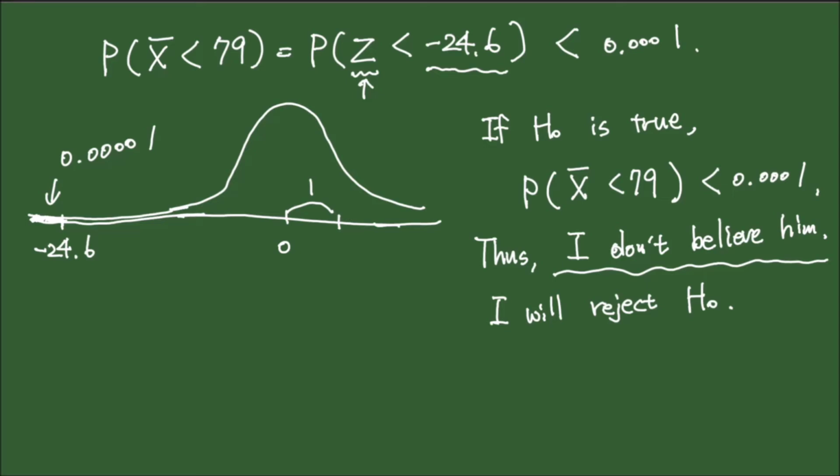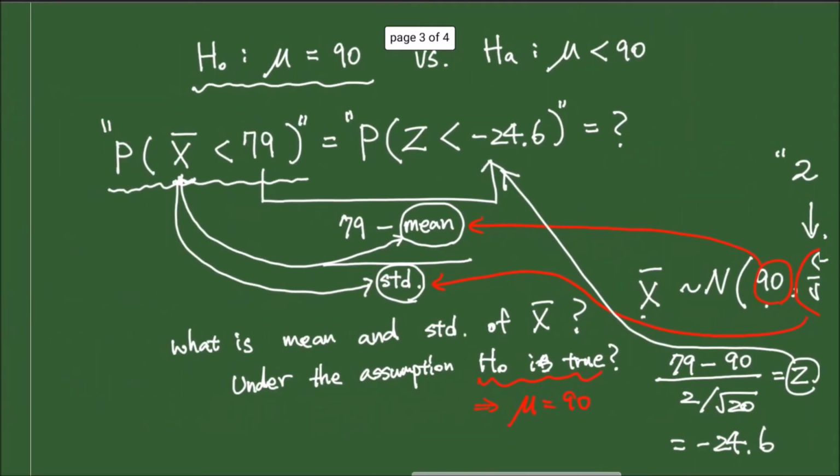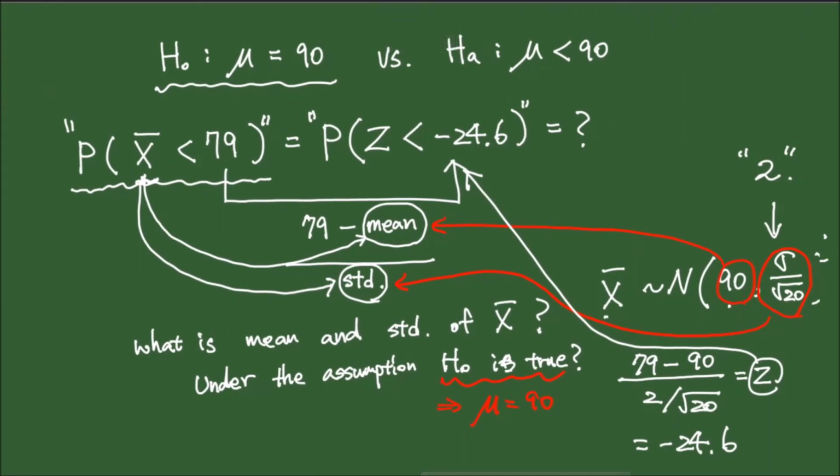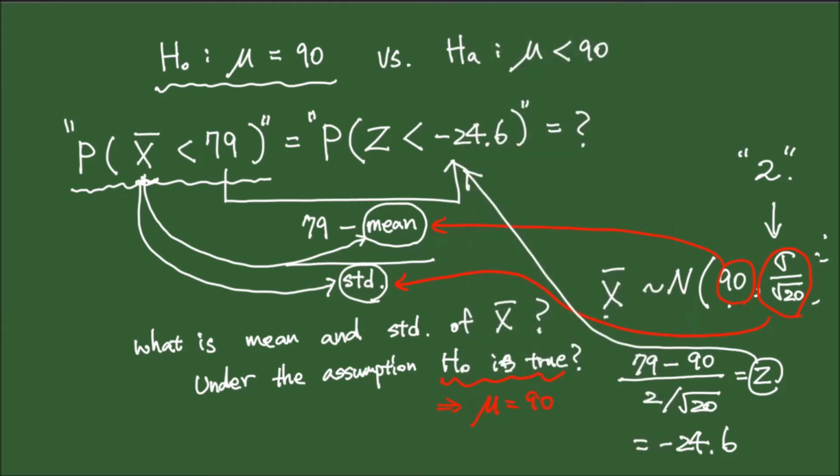Okay, so before I move on to another situation, I want to mention some statistical terms you should know. In the testing, we have calculated this. We have used this formula, right?